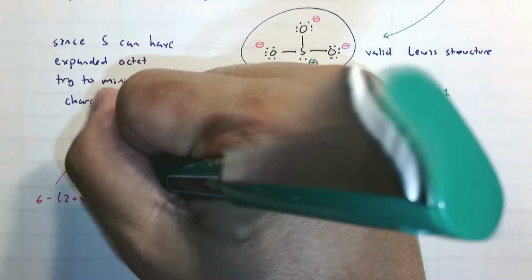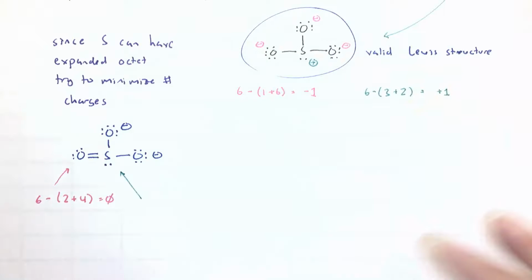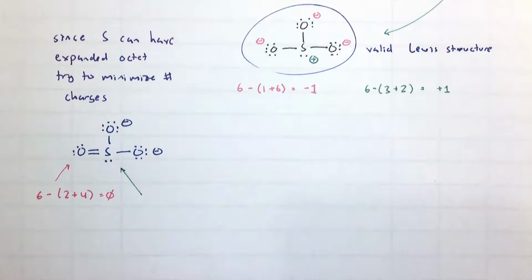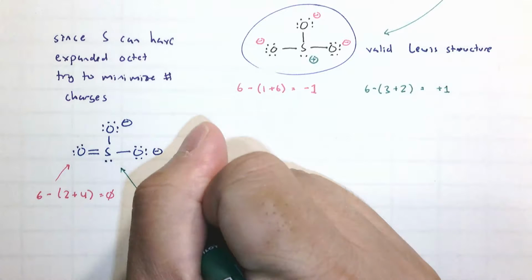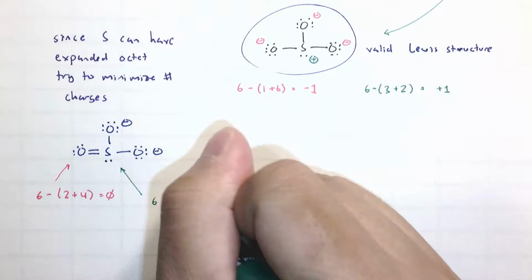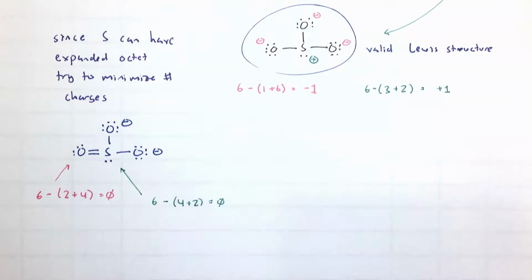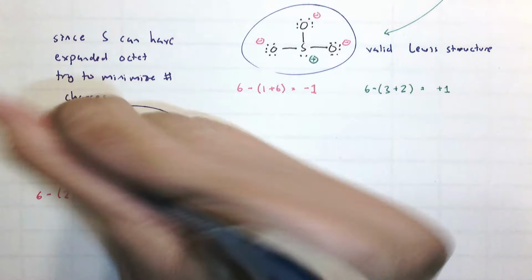The sulfur looks weird, I know, to a lot of you because it doesn't satisfy the octet rule. Let's double check the charge though. Sulfur is 6 minus 4 sticks plus 2 balls. That's also neutral. This is also a valid Lewis structure.